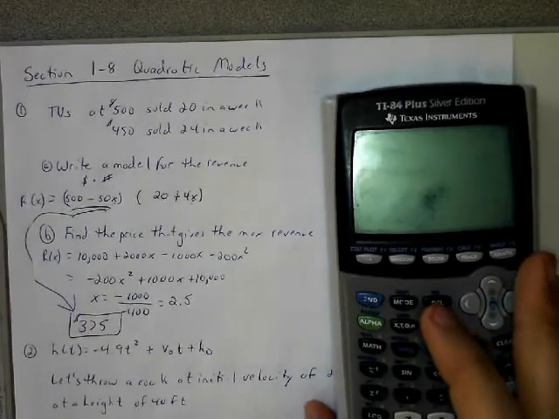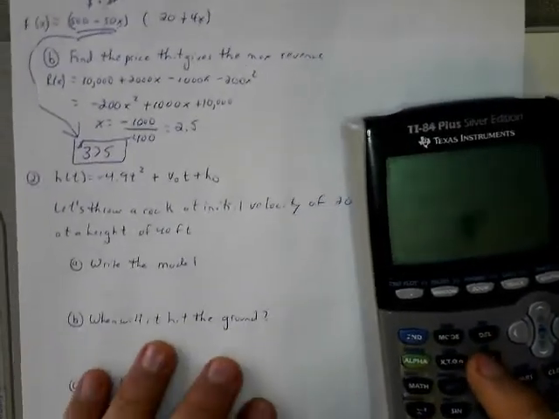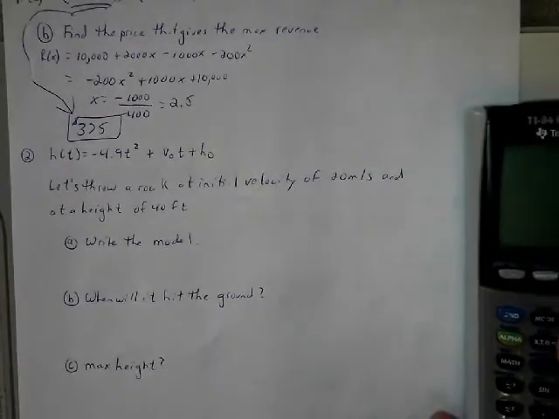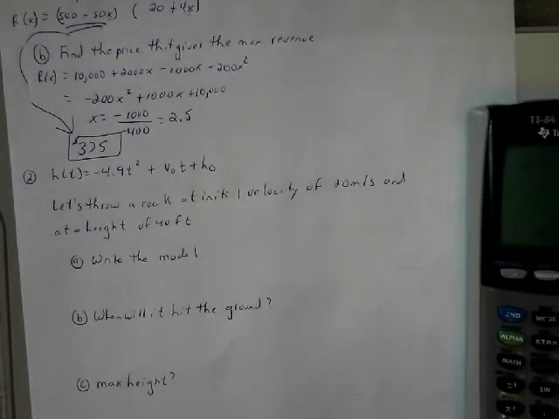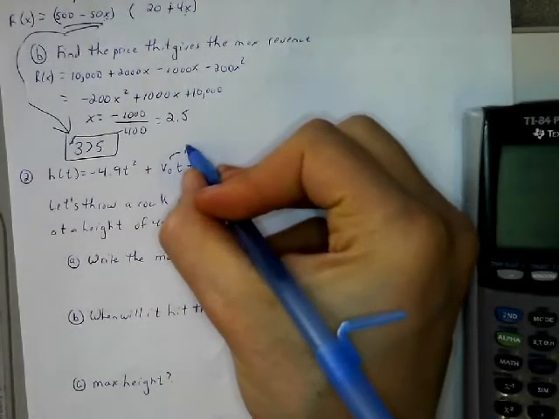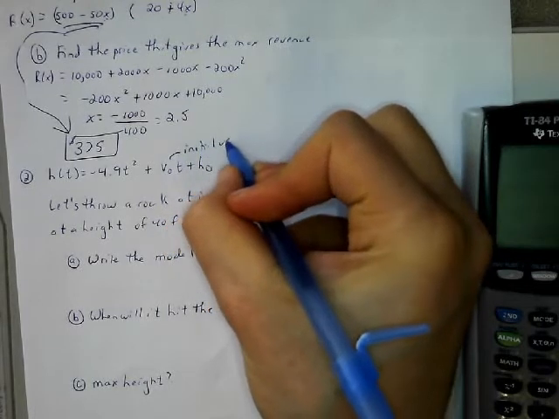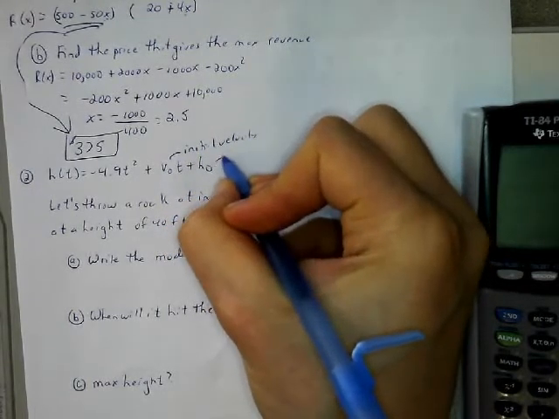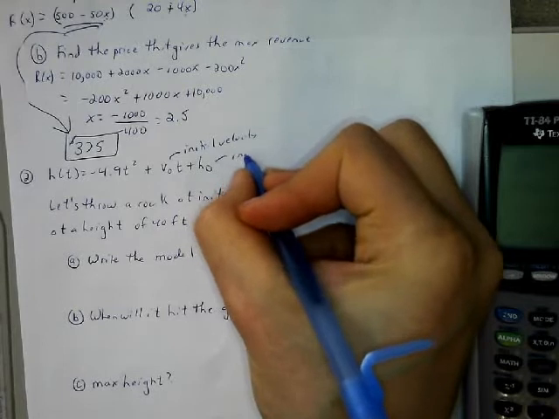The second question I have is a physics question. Let h of t equal negative 4.9 t squared plus v sub naught t plus h sub naught. V sub naught here is the initial velocity, and h sub naught is the initial height.